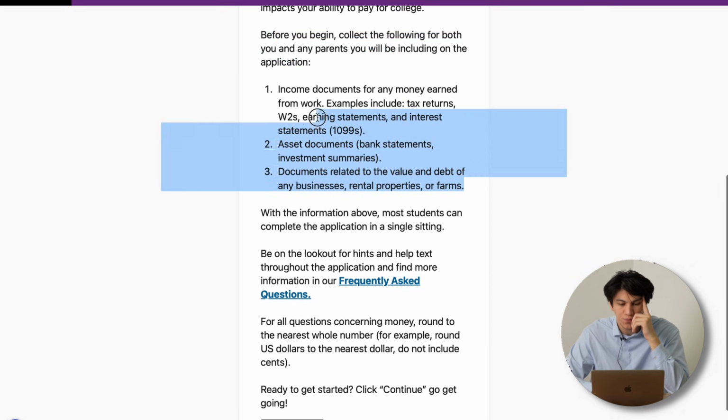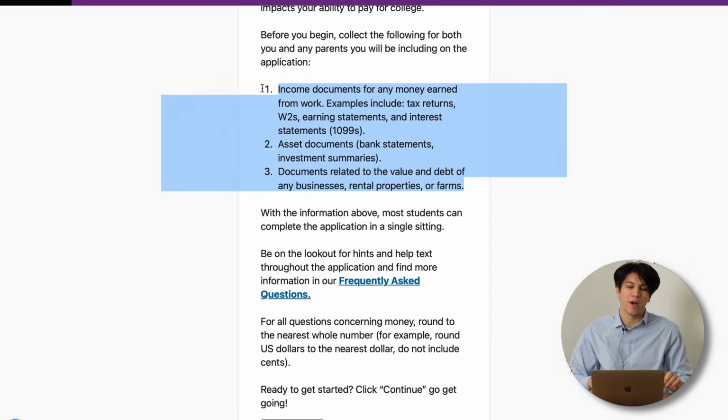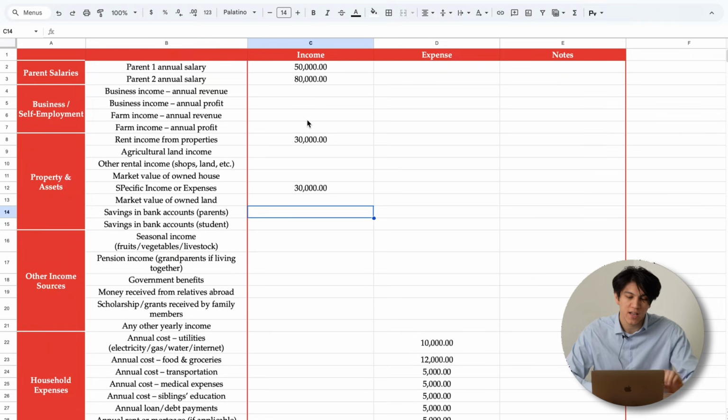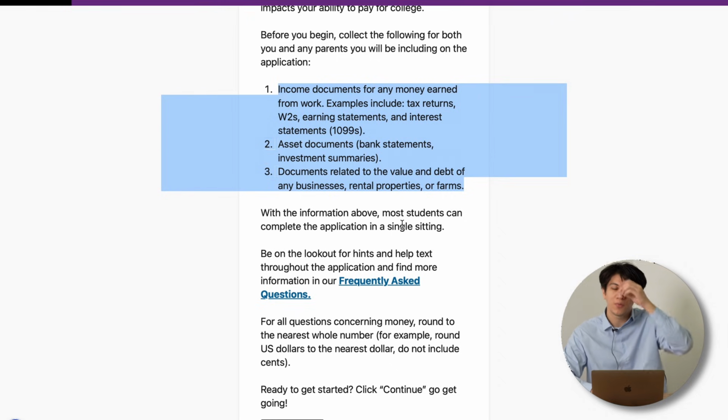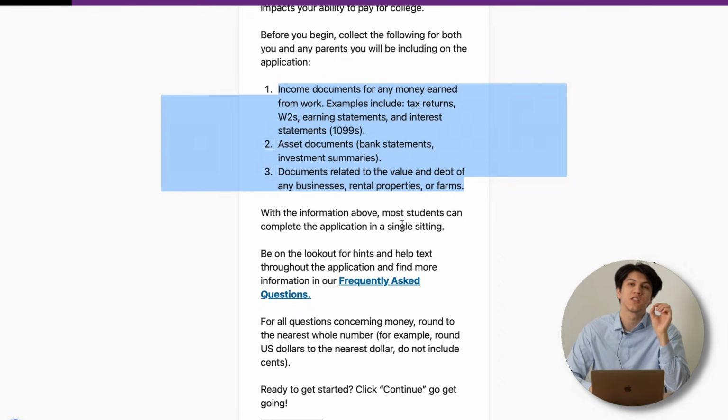Yes, this is true. Before filling out, you have to know what numbers you have to put, right? Here, I put these numbers out of nowhere, but you have to put numbers based on a specific document. What is that document? That document looks like this on the screen. So what is this?